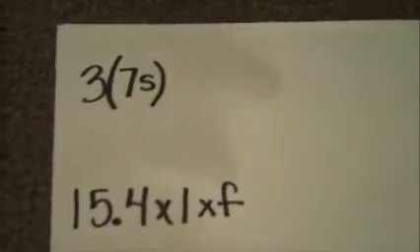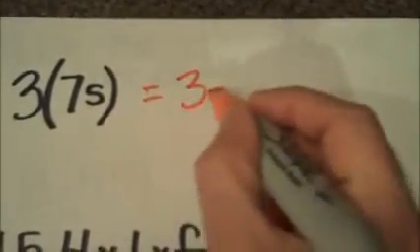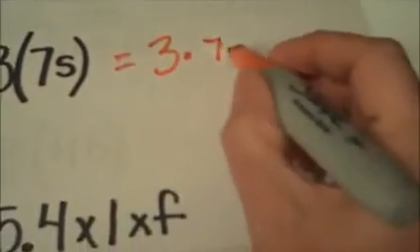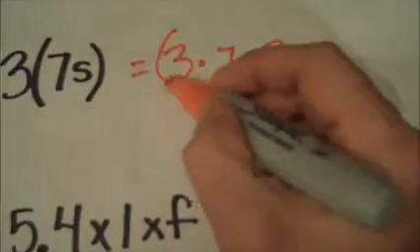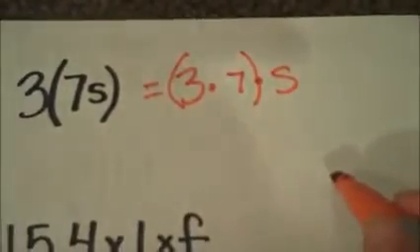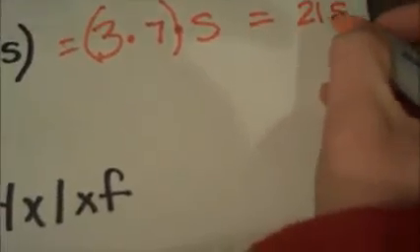After you've identified the properties, you're going to use the properties to simplify expressions. This one says 3 times 7s. Or 3 times 7 times s. And grouping the 7 and the s doesn't help me simplify it, but grouping the 3 and the 7 does. So this would equal 21s.